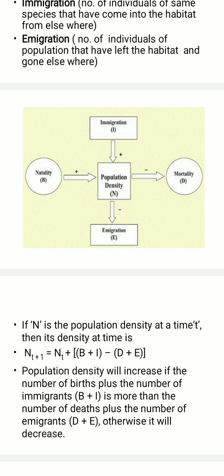Along with that, when you consider B plus I value, it should be more, and D plus E value should be less than that. Then definitely we consider that the population density in a given area increases, or else it will decrease. It's a very simple concept, mathematically represented with the above chart.